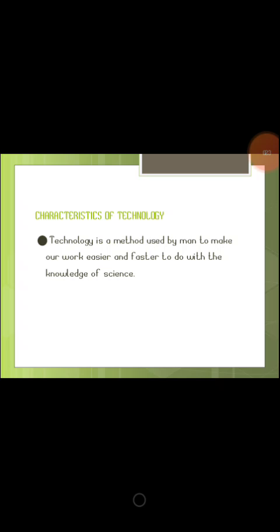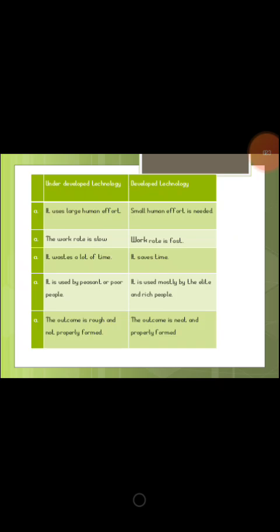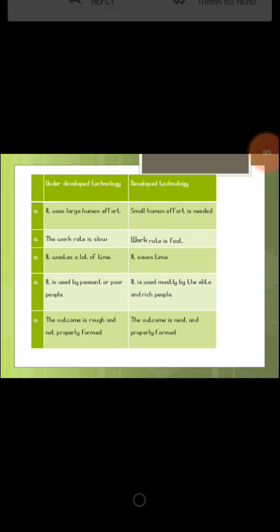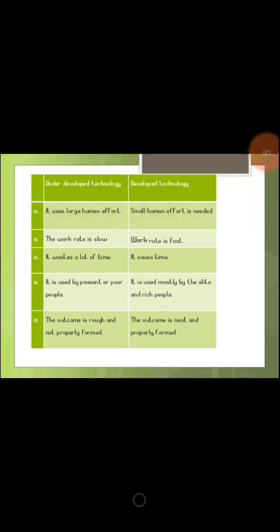And I said the forms of technology, we said we have the underdeveloped technology and the developed technology. Underdeveloped technology is the type of technology that was used by man to make their work easier, but it was used in the ancient time. It is also known as ancient technology, old technology.